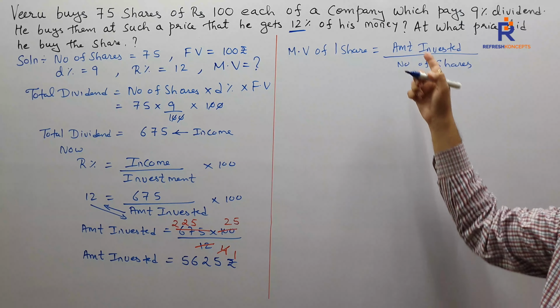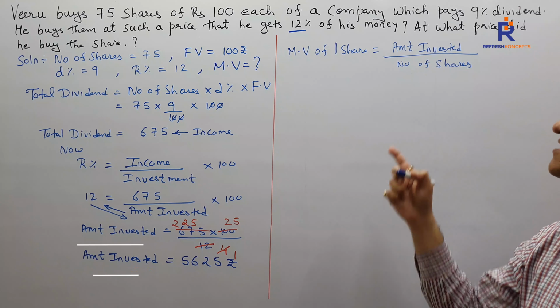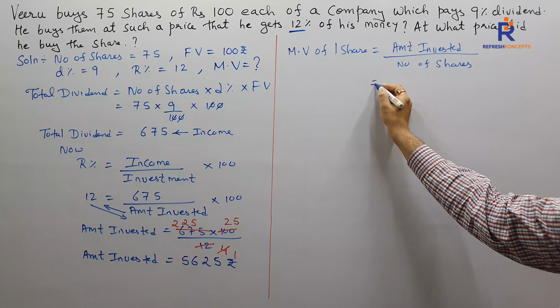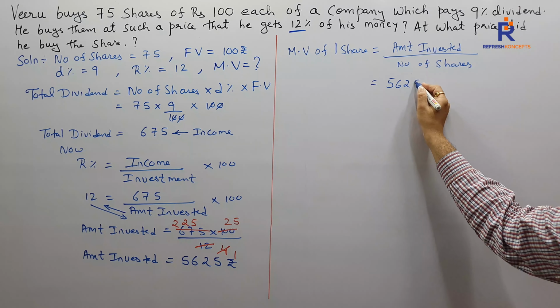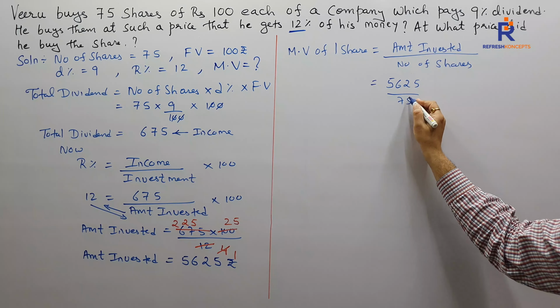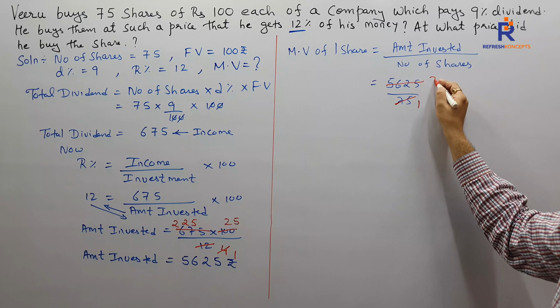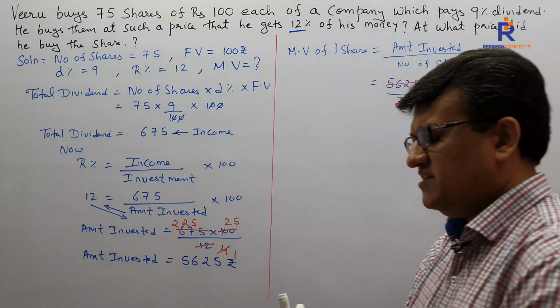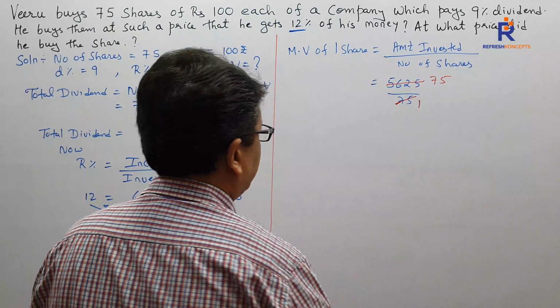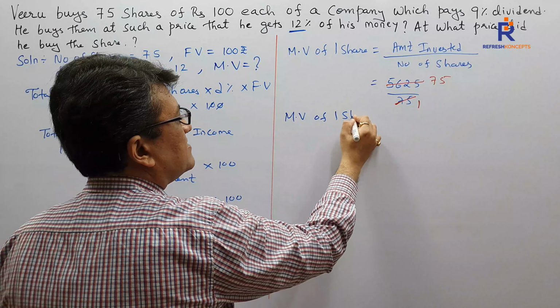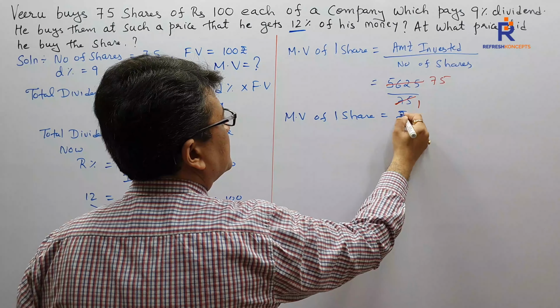So market value of one share is amount invested upon number of shares. 5625 upon 75. Square of 75 is 5625. So market value of one share is rupees 75.